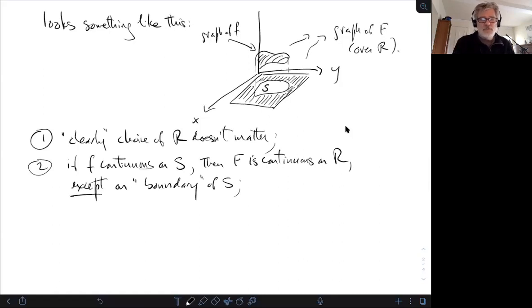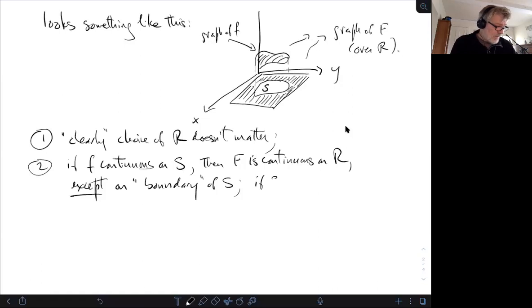Now I haven't put any conditions on S right now, except that it's bounded, so it's contained in a rectangle. So it could be just really junk. But the examples that we're going to deal with, the region S will be nice, and the boundary will simply be a curve, and that has measure 0.